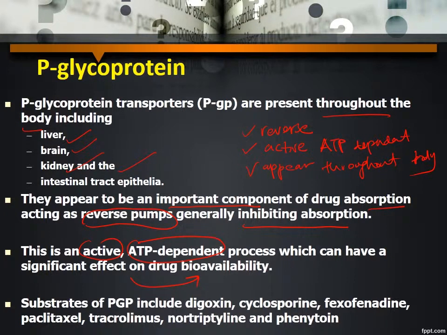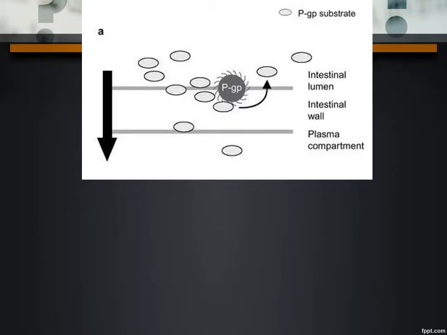Examples of substrates for PGP include digoxin, cyclosporin, fexofenadine, paclitaxel, tacrolimus, nortriptyline, and phenytoin. So this is the schematic for P glycoprotein.